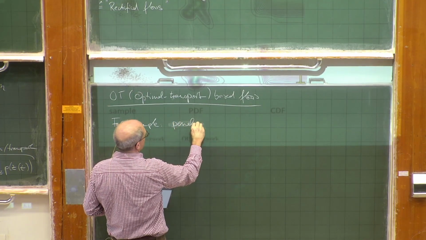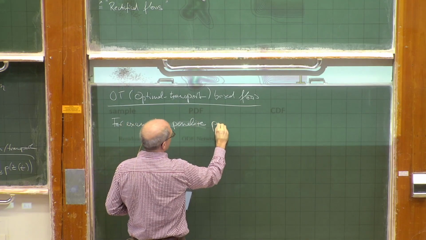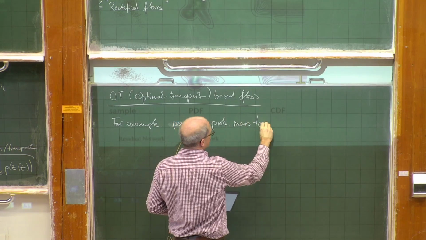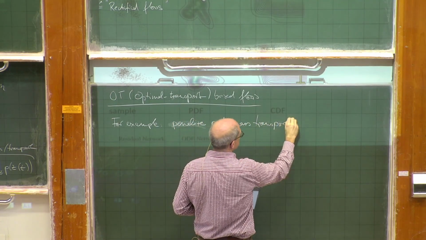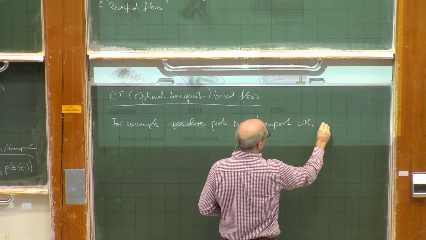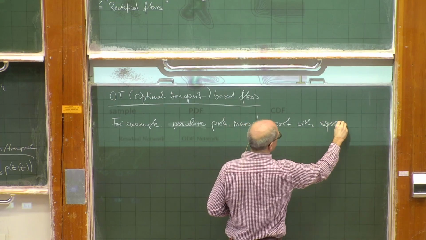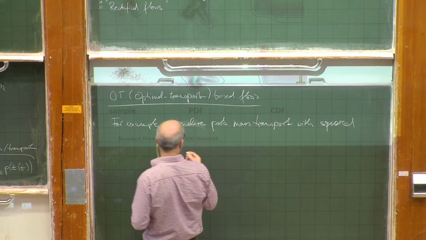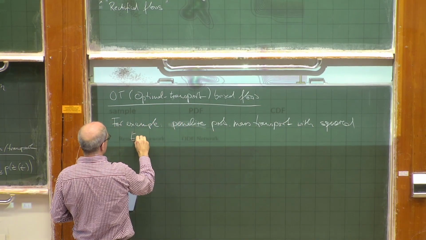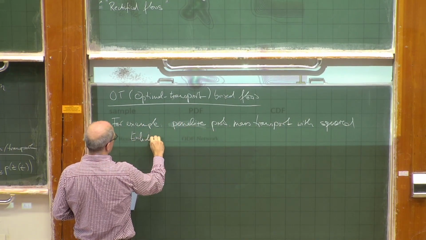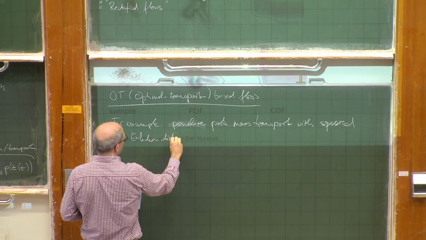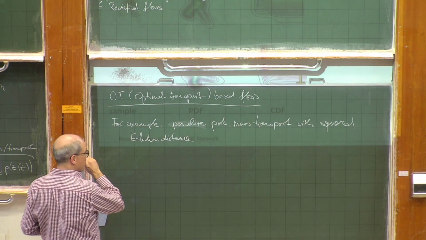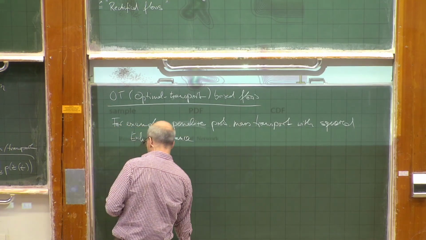I'm going to write here: penalize probability mass transport with the squared Euclidean distance. But the fact that we use the squared Euclidean distance is arbitrary. I do it because the last of the 3 formulations that I give will only be possible with this squared Euclidean distance.